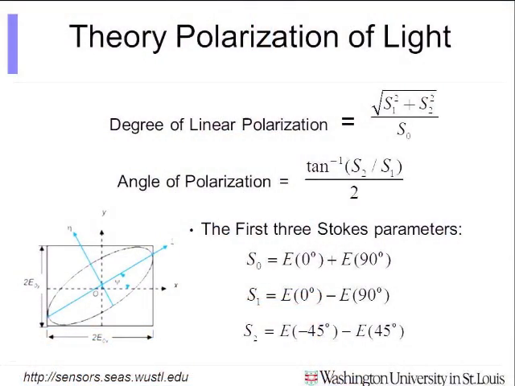Now, if you want to capture polarization, we want to be able to describe this ellipse. And we want to describe it in terms of what is this major axis, what we call the angle of polarization, and what is the ratio between the major and minor axis, which is known as the degree of linear polarization. Now, I represented these two quantities in terms of these Stokes parameters, so you can think of them as sort of your temporary variables.